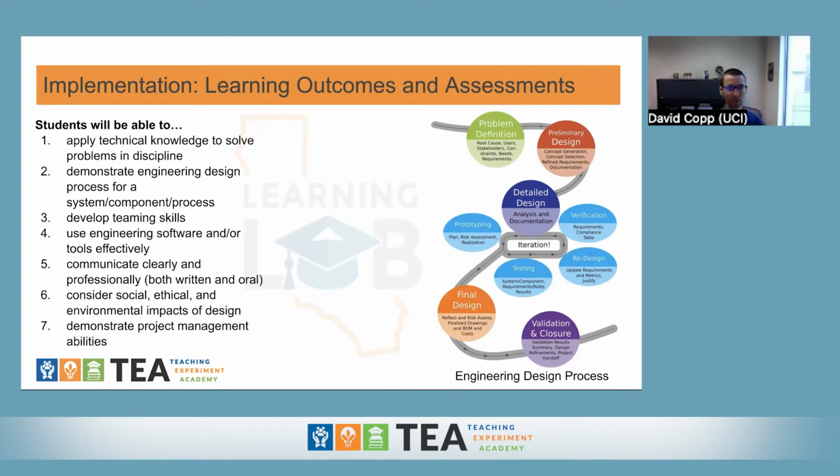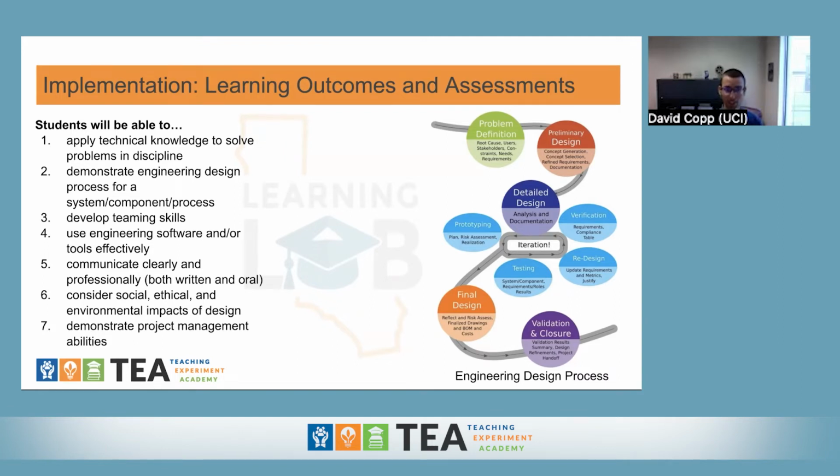For these project-based courses, you'll see the learning objectives here on the left. Basically, they're going to be learning all of these things which fit somewhere into the engineering design process, which is shown in the graphic on the right. Depending on the project and the team, they're going to be working on very different things within this design process. But there are 7 overall learning objectives that I hope they get from the course.